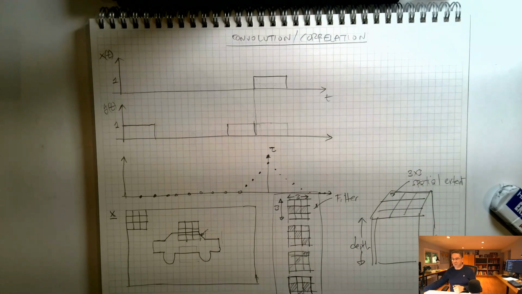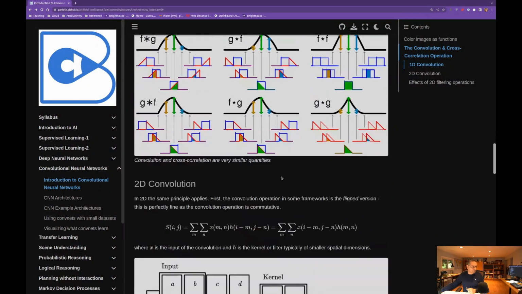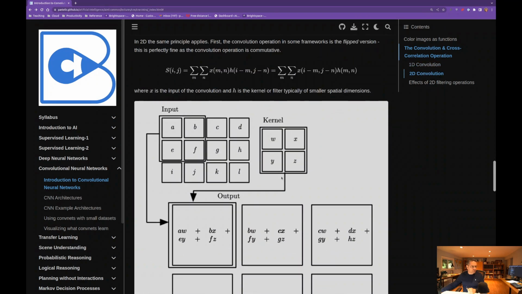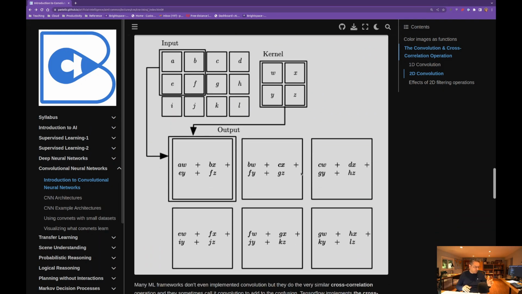Okay, and now let's see the mathematical description of what we have just described. Let me go back to the site. In that site, we have the extension of the so-called two-dimensional cross-correlation operation, and it's exactly shown here in this picture. So we have an input image of 3 by 4 pixels, and we have a kernel of 2 by 2 in this case.